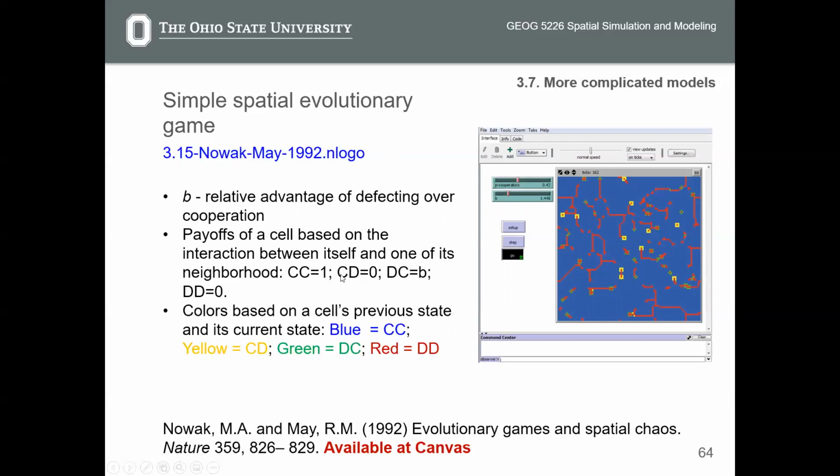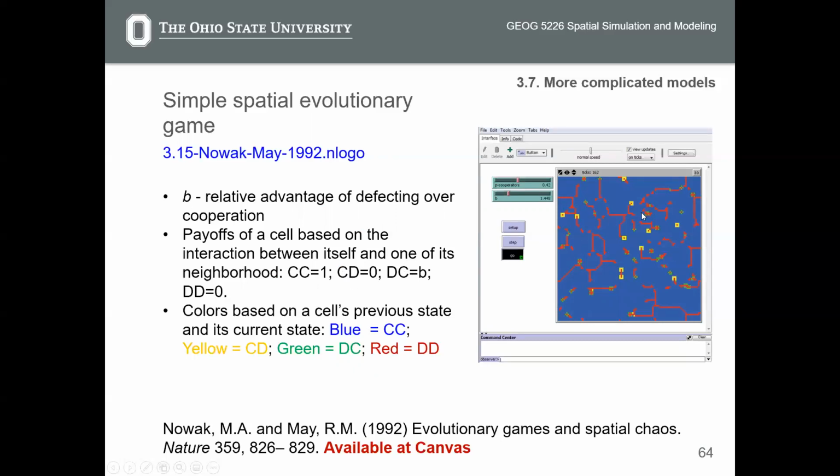If the cell itself is cooperating but the neighbor is defecting, then it gets 0. If the cell is defecting but the neighbor is naive, is cooperating, the cell will get B as a reward for being vicious, for successfully deceiving the neighbor. If they're both defectors, they get nothing.